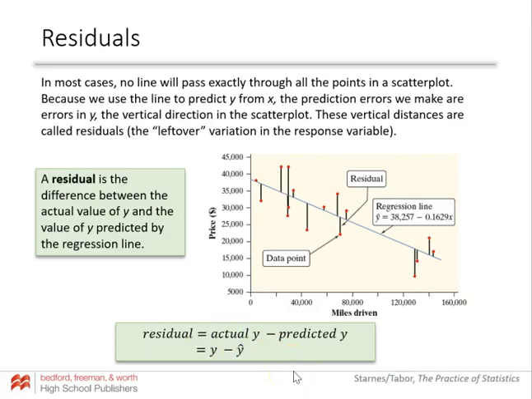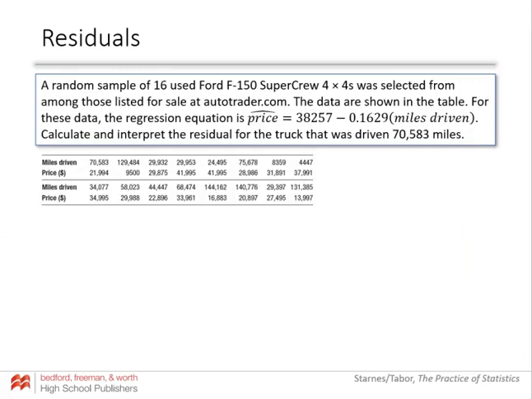The direction that we're going to subtract is actual y minus predicted y. If I have a positive residual, it means that my line predicted a number that was lower than what actually happened. If I have a negative residual, it means that my line predicted a higher value than what actually happened.